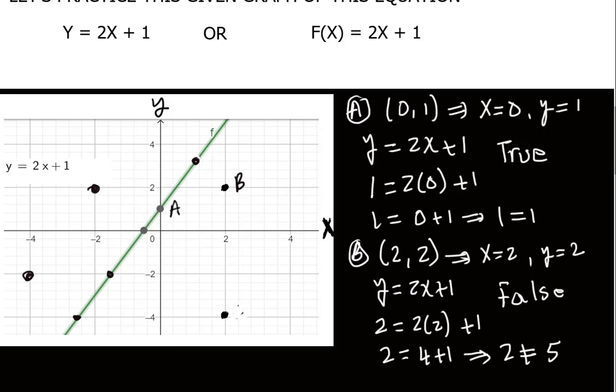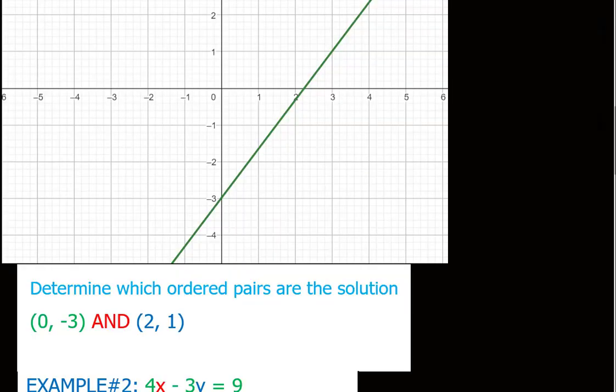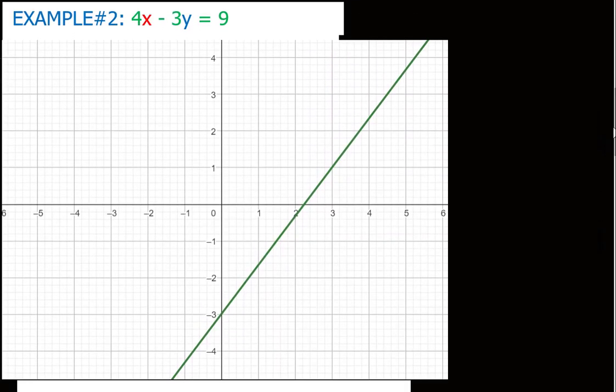So now let's see a different example. The example given is 4x minus 3y equals 9, and this is the graph. So now let's choose a point on the line and a point that is not on the line.